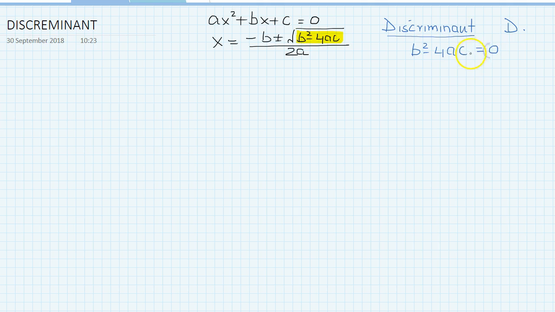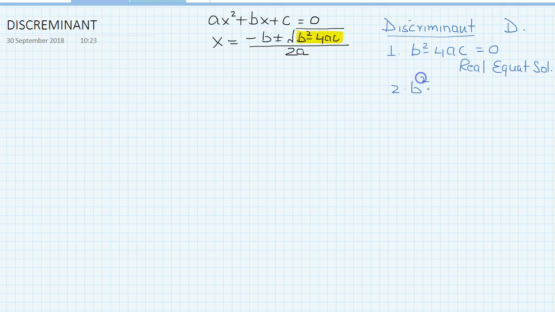is equal to 0, this is the first condition. If this is 0, this equation is having real and equal roots. That is the solution.